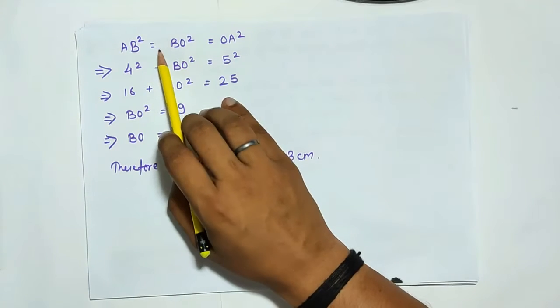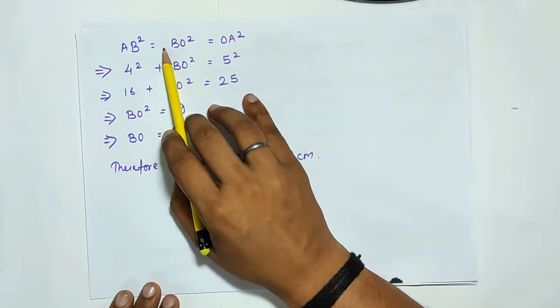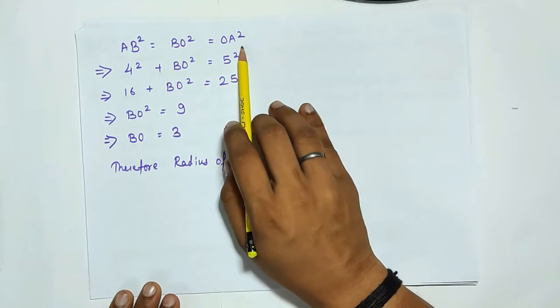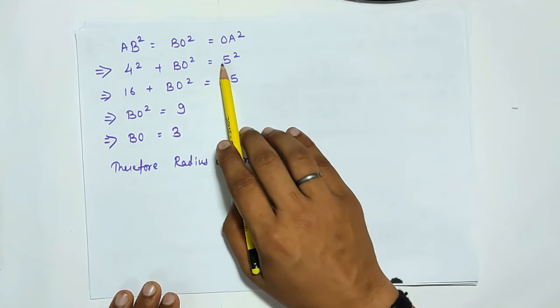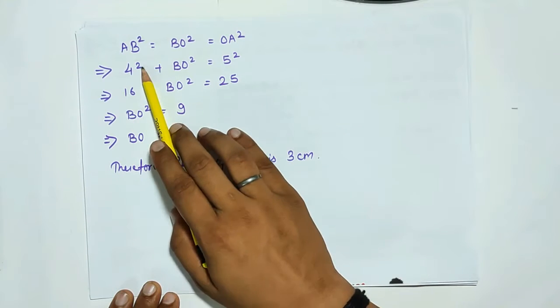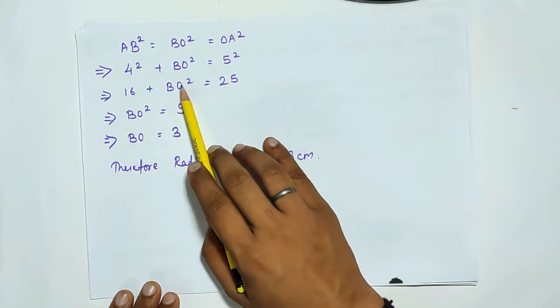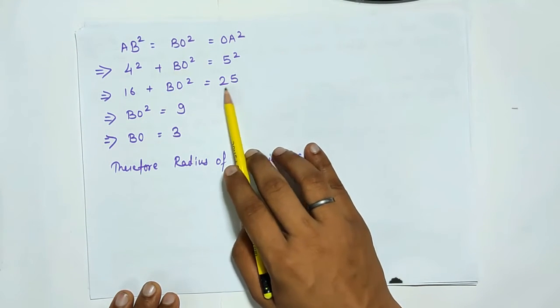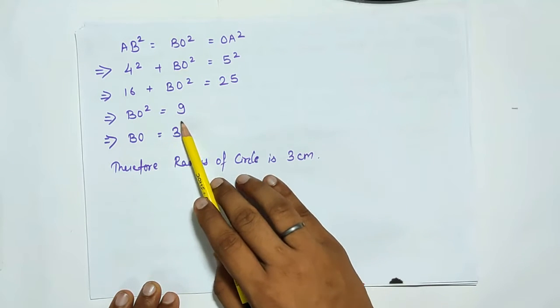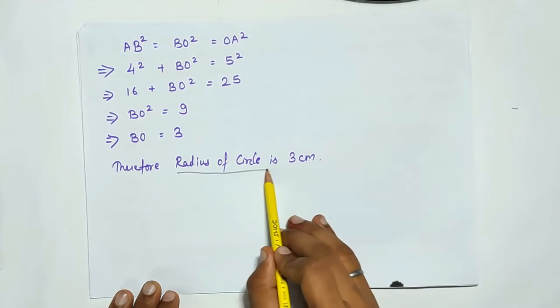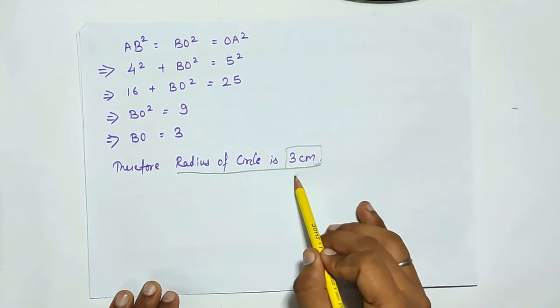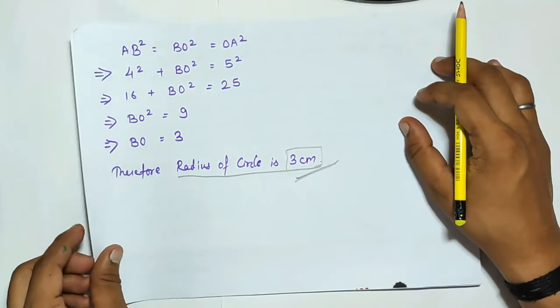So AB square plus BO square is equal to OA square, that is 4 square plus BO square is equal to 5 square. 4 square is 16 plus BO square is equal to 5 square is 25. Then BO square is equal to 9. Then BO is 3. Therefore, radius of a circle is 3 centimeter. So this is the answer for question number 6.